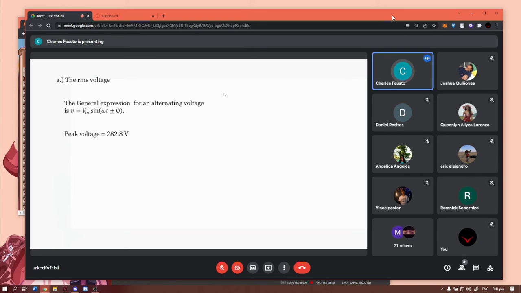So, hence, the RMS voltage, so meron na tayong maximum value which is the 282.8, di ba? From the expression Vm sine quantity omega t plus or minus phi. No? So, yung Vm natin, ito yun, or yung ating maximum value. No? So, pagkuha niya, 0.707 multiply by maximum value. No? So, ilan?